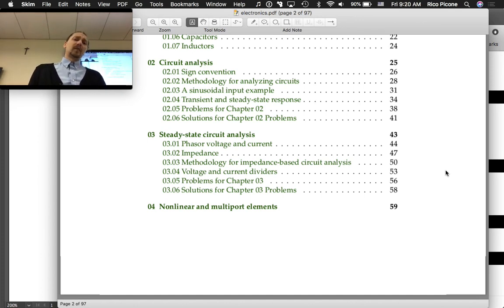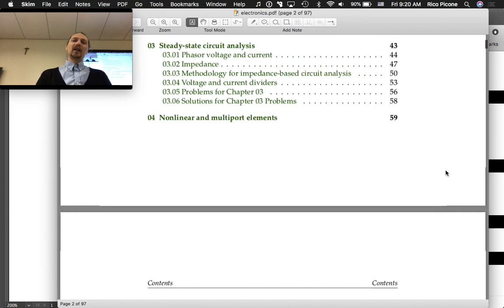One key advantage was that we didn't have to solve a differential equation. The two disadvantages were, first, we don't get the transient response, and second, we have to deal with complex numbers and phasors. But it was quite nice.